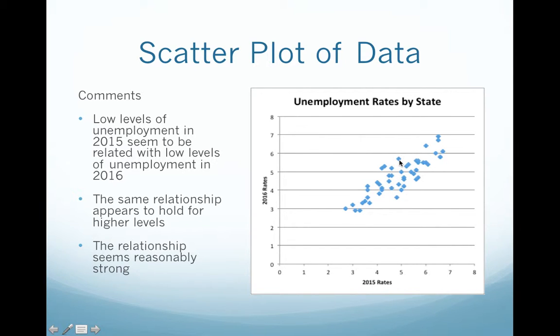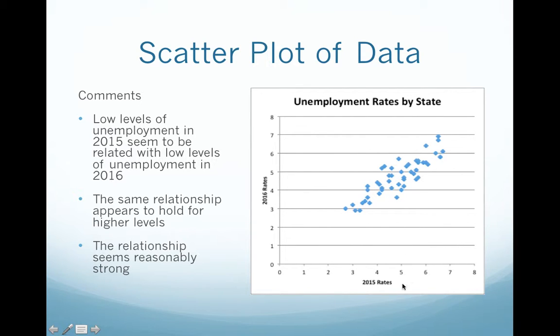The 2015 values, let's just say, are right around 5%. And yet the 2016 could be anywhere from 3.7 to looks like maybe 5.7 or 5.8. So it could be anywhere from a little below to a little bit above for the same, or approximately the same, 2015 value.